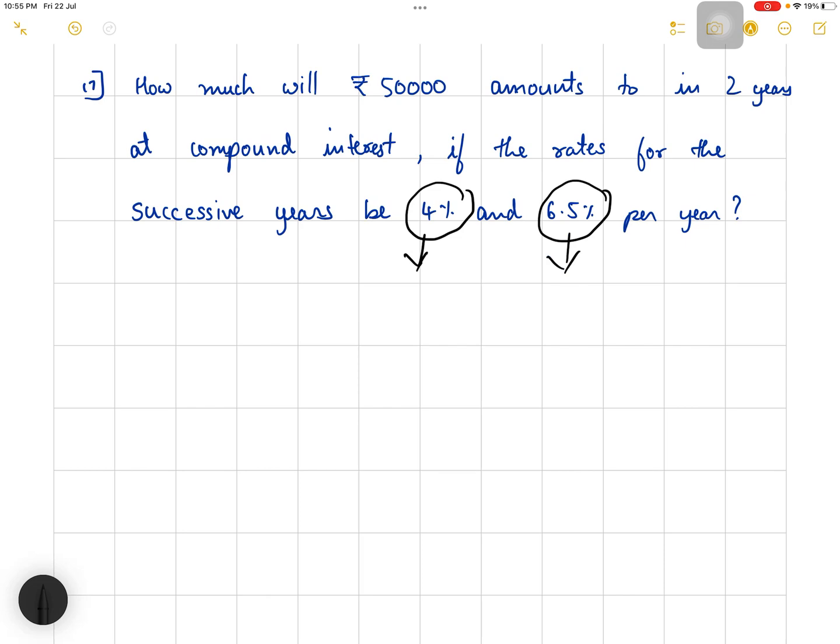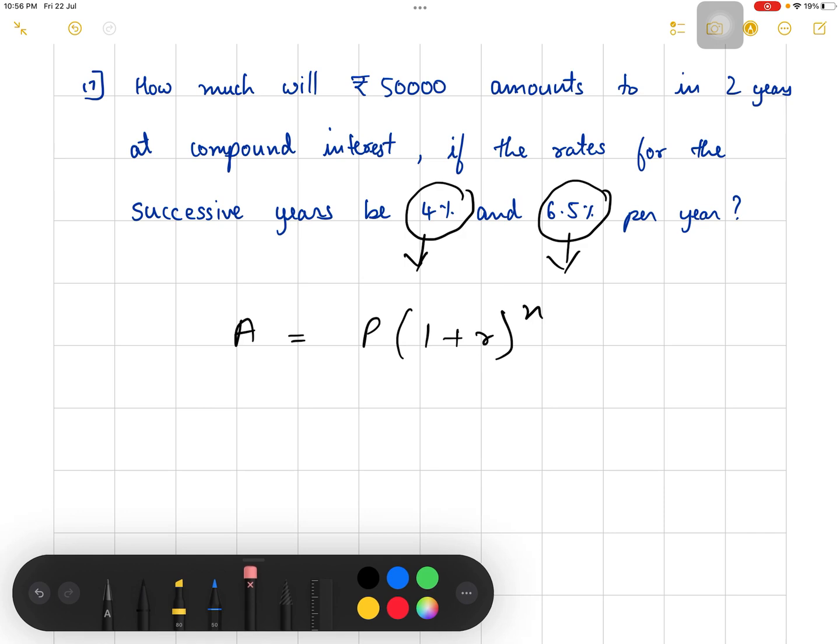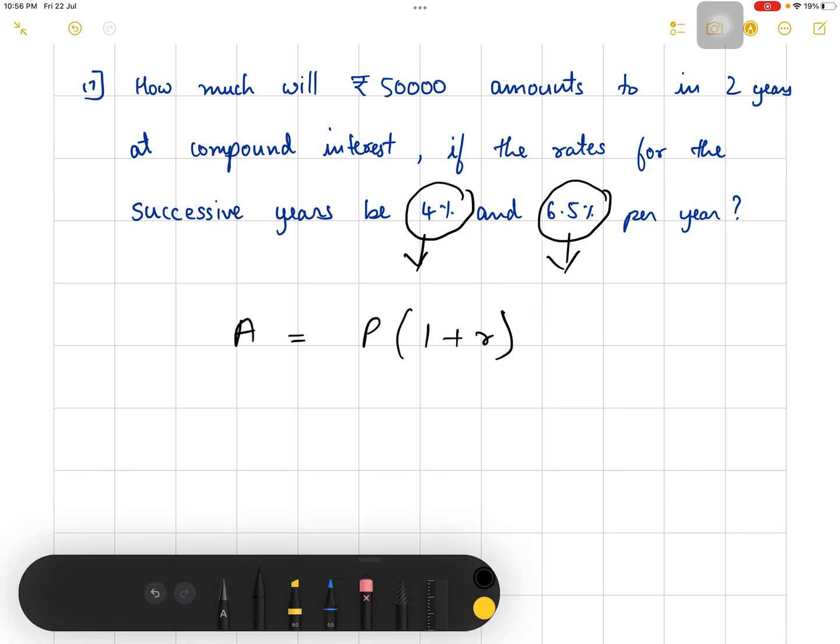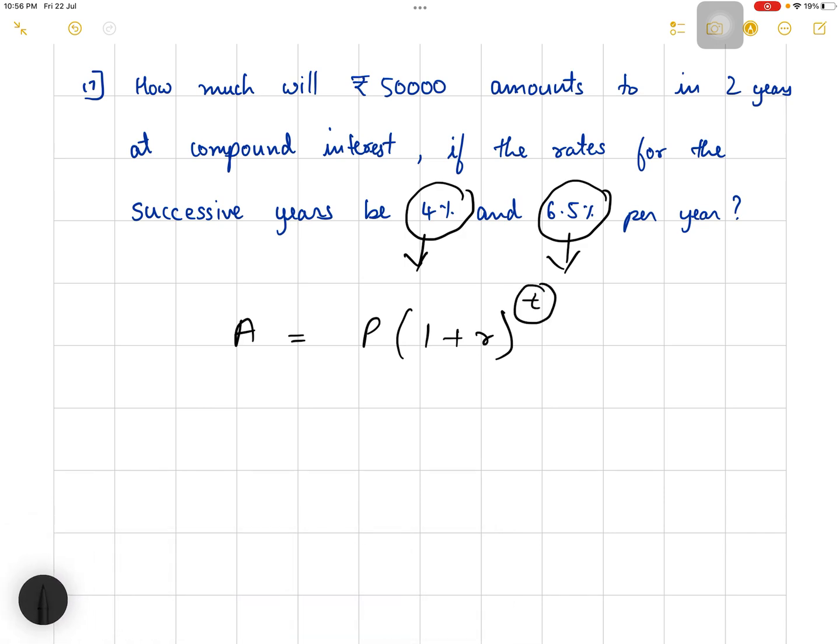When there are two rates of interest, it's actually the same formula, but we are using it in a different way. The formula for A is A is equal to P into 1 plus R raised to N, or raised to T, it's one and the same thing.